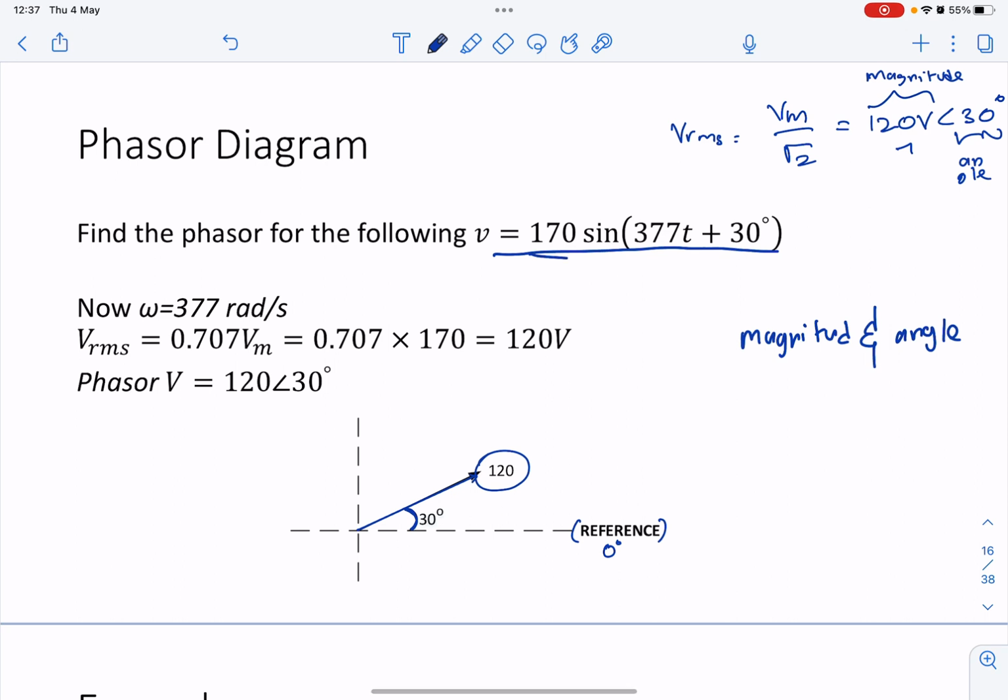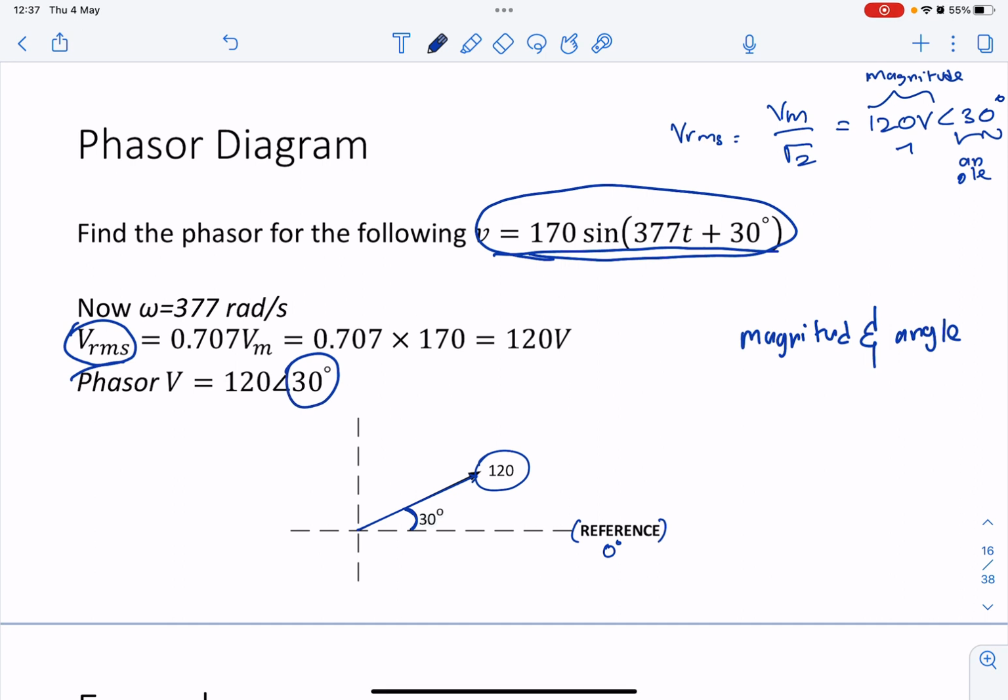So based on this value, you need to know berapa you punya magnitude. So you need to know what is your VRMS and what is your angle.